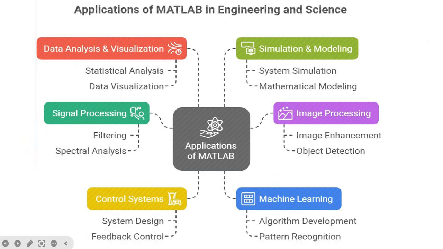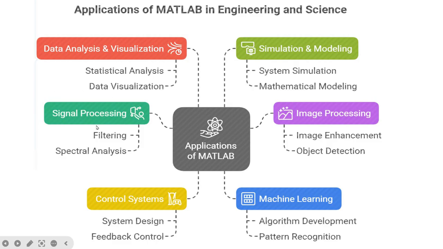So these are some of the applications of MATLAB in engineering and science. You can perform image processing, where you can do image enhancement and object detection. Then it is used in machine learning for developing algorithms for pattern recognition. It can also be used in control systems for designing a system and for feedback control.